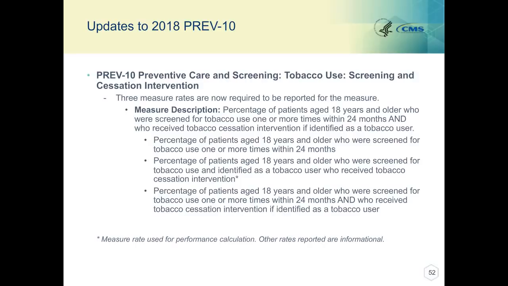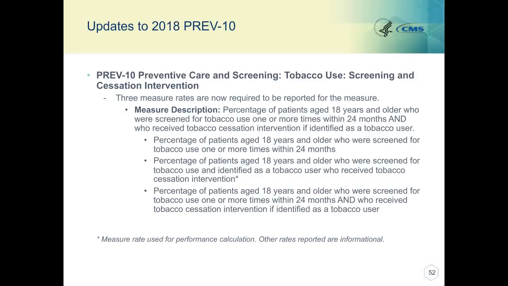Percentage of patients age 18 and older who were screened for tobacco use and identified as a tobacco user who received tobacco cessation intervention is a second rate. And this is the rate that will be used for performance calculation. The other rates are required to be reported but are informational.